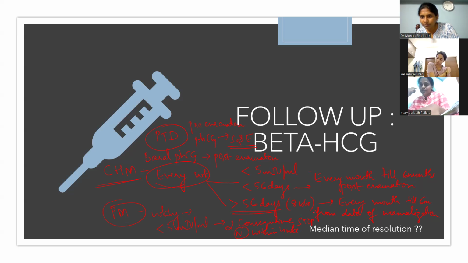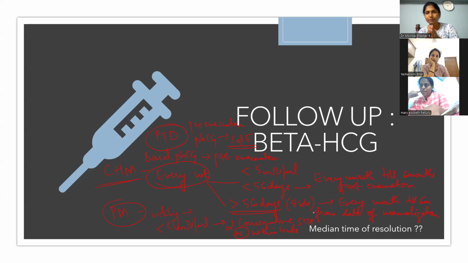If after 56 days it is still high, then we repeat it every month from the date of normalization. And in a partial mole, weekly follow-up till 2 consecutive normal values within 4 weeks, and we'll stop.